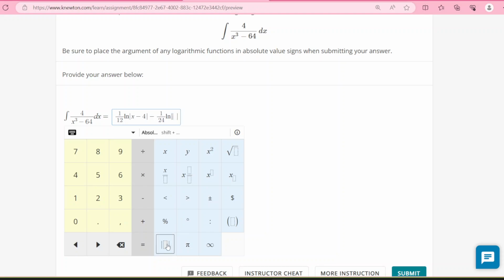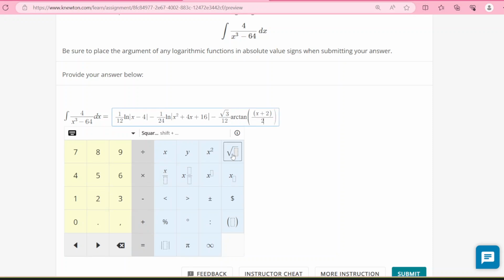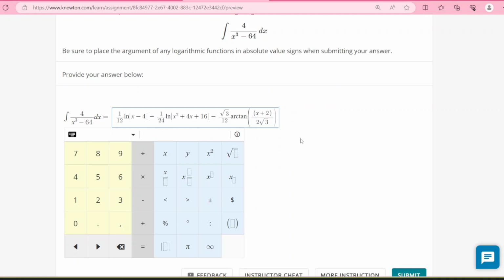You really wouldn't need absolute values around this because it's always positive for any real number, but whatever, x squared plus 4x plus 16. And then minus the square root of 3 divided by 12, times the arctangent, for inverse tangent, of x plus 2 in the numerator, over 2 times the square root of 3 in the denominator. And we'll lose the parentheses. And then finally, plus any constant.